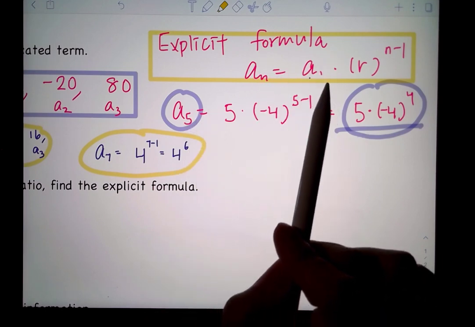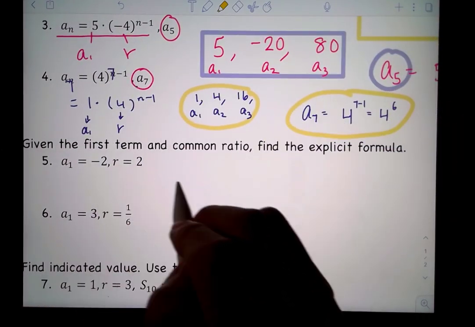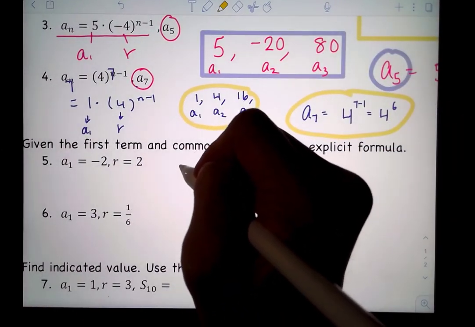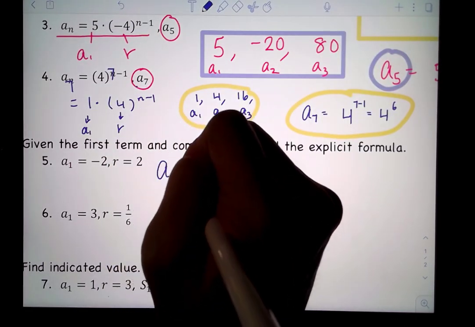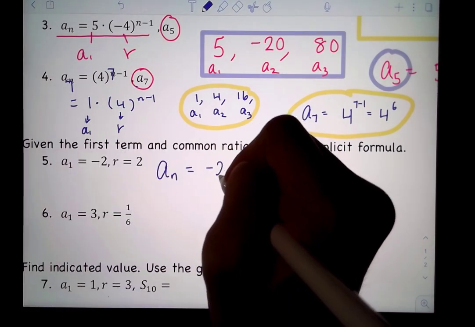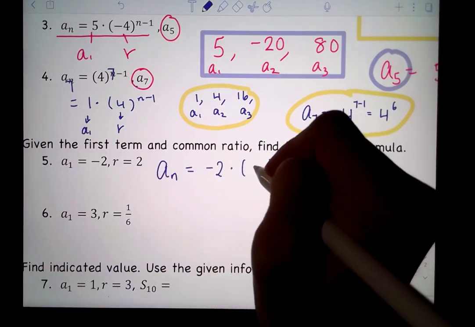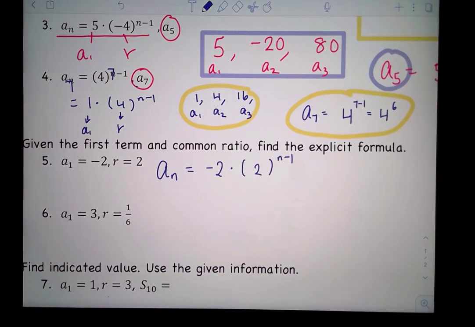An equals A1 times R to the n-1, right? So you just write it. An equals my first, -2, times my R to the n-1 power, right? This is my explicit formula.